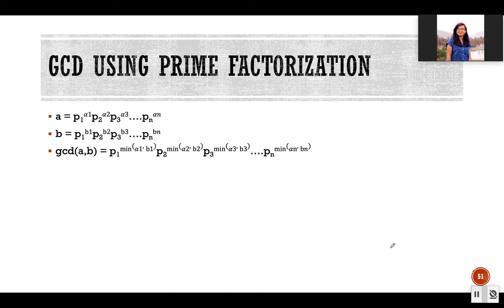Now we are going to see another way to find the GCD value, and we can do that using prime factorization. One of the most important theorems in number theory is the fundamental theorem of arithmetic, which says that any number greater than or equal to 2 can be written as a combination of prime factors, like p1 to the power alpha 1, p2 to the power alpha 2, p3 to the power alpha 3, like that, as a multiplication of these prime factors.